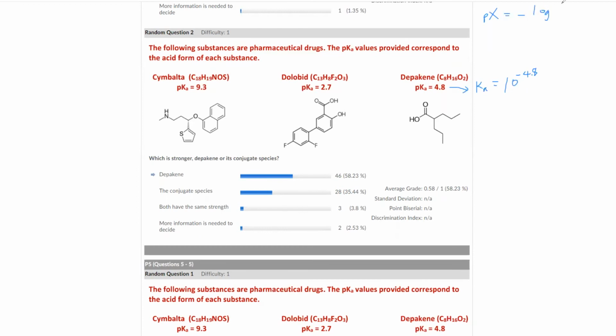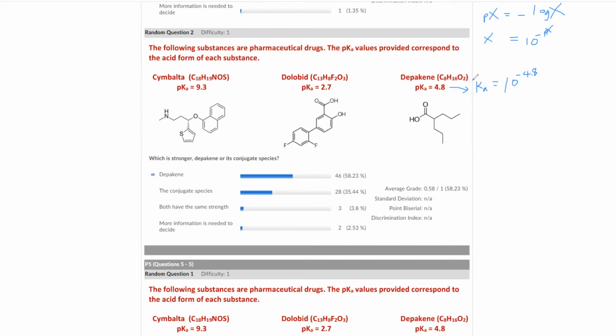pX is equal to minus log X. It can be pKa, pH, pOH, pKw, whatever. And if you want to find the X, if you're given a pX, then X should be equal to 10 to the power of minus pX. Just reminding everybody about that.